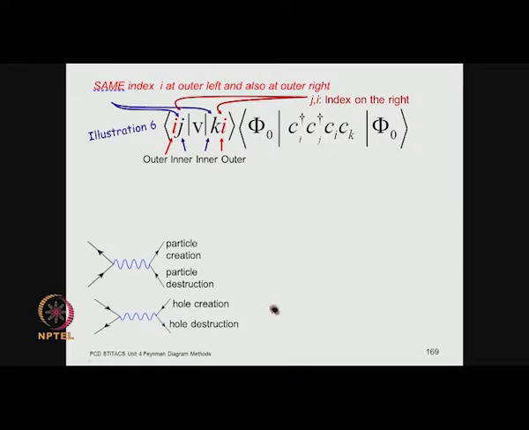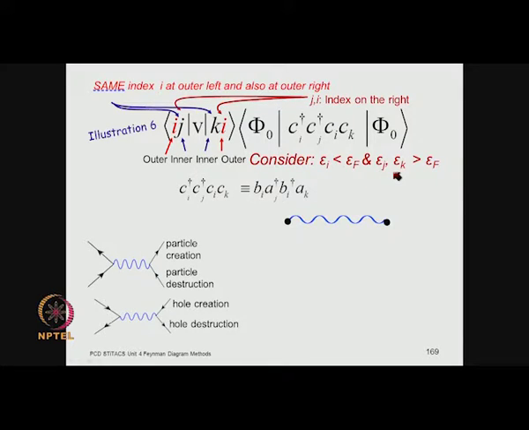So, let us take another example over here. In this example, again I consider i less than f, and then j and k are above the Fermi level. So, let us start building this diagram. We first identify the operators using the same convention that we have defined.